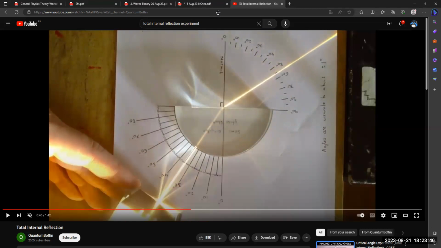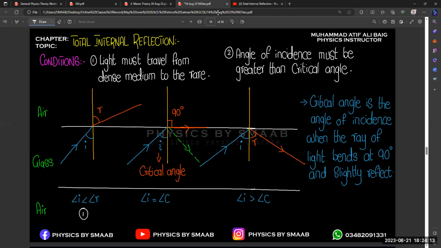Now you can see that light is almost at 33 or 35 degrees. The angle of refraction is now greater, equal to 55 degrees, right? The angle of incidence is still less than the angle of refraction, because light is moving away from the normal, as we already discussed in part 1.